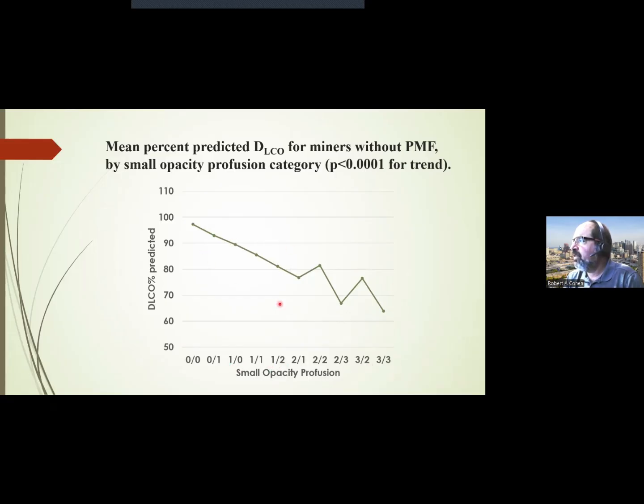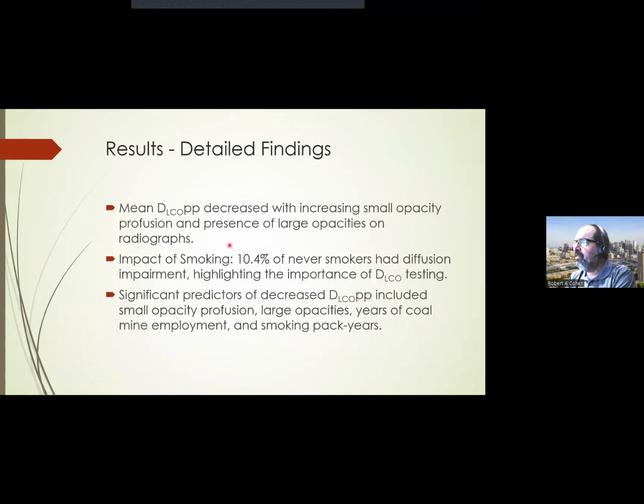So I think this really shows you that small opacity disease, or what they used to call simple pneumoconiosis, really isn't so simple and is associated, as one might imagine, if you have more profuse scars on your lungs, with worsening physiology, worsening disease.